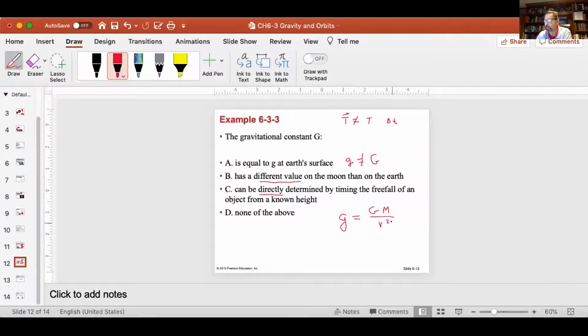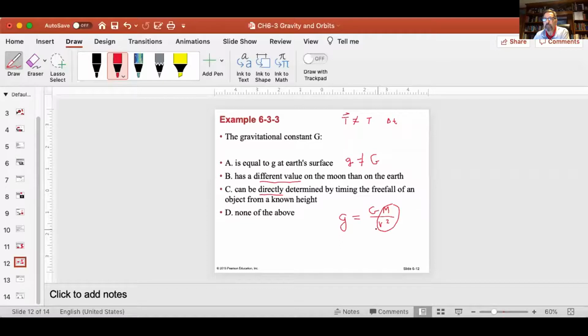So you're not making a direct measurement because you need to know both of those. If it had dropped the word directly, you might have been able to say C is possible, but C is only possible if you know what the mass and the radius of wherever you're standing and measuring the free fall acceleration is.